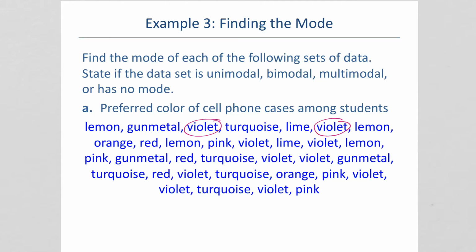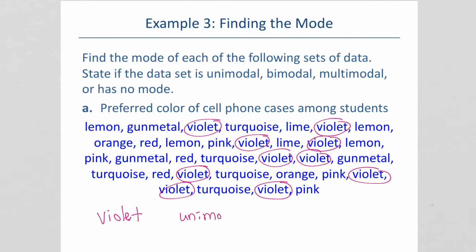You can see it's used 10 times it looks like. So the mode is violet. And since it's the only one used the most, it is unimodal. There's only one mode. It's used 10 times and everybody else is used less than that.